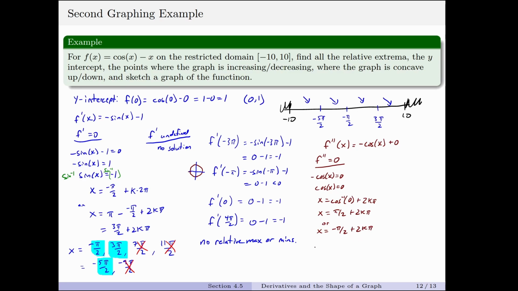So if I want to make a list of the x values that I would get here, we'd have π/2. If I add 2π to that, 2π is 4π/2 plus π/2 is 5π/2. If I add another 2π, I'll have 9π/2. And I think that earlier we said 7π/2 was too big, so certainly 9π/2 is too big.